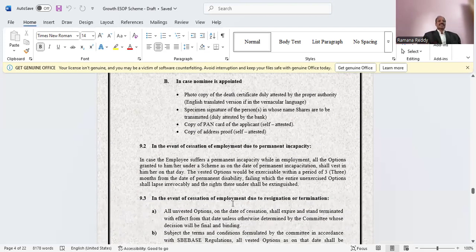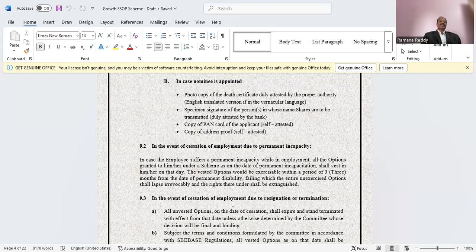In the event of cessation of employment due to permanent incapacity, suppose due to any accident, then all options are vested. See, there is no need of a vesting period. All the options granted to him or her under the scheme on the date of permanent incapacity shall vest in him on that day only.